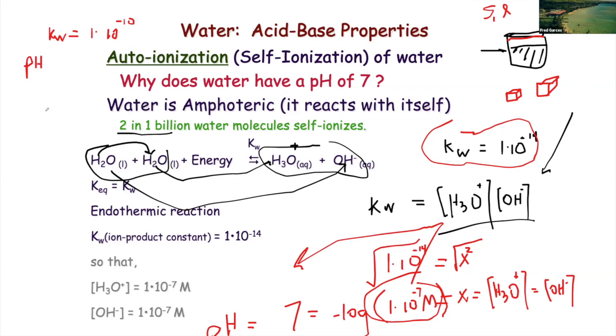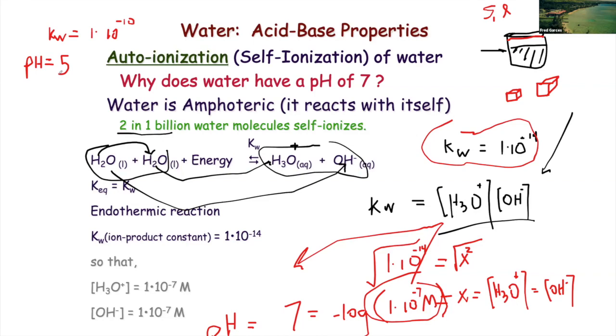Well, we go back over here and we say, what's the square root of 1 times 10 to the minus 10? That would be 1 times 10 to the minus 5. And if we take the negative log of 1 times 10 to the minus 5, then that would be 5 right there. So the reason why we have water at a pH of 7 is because the Kw is 1 times 10 to the minus 14.